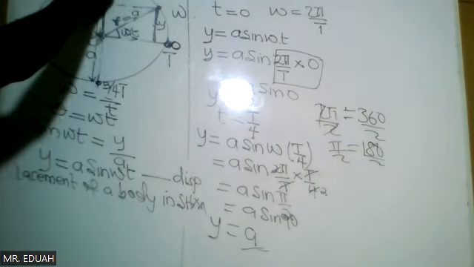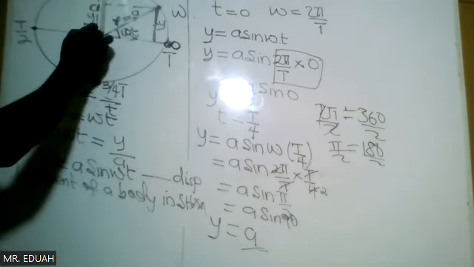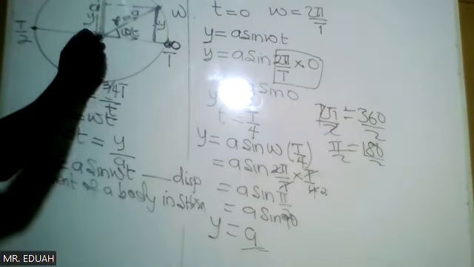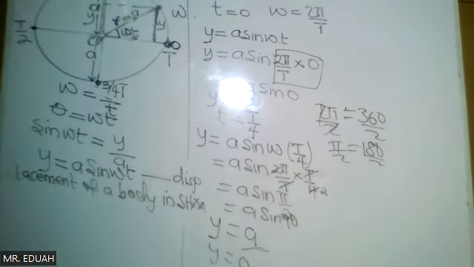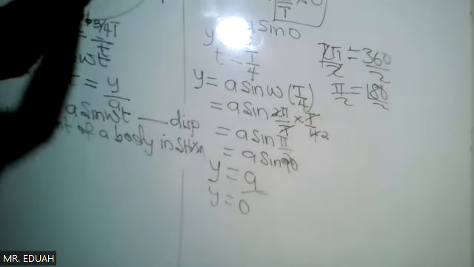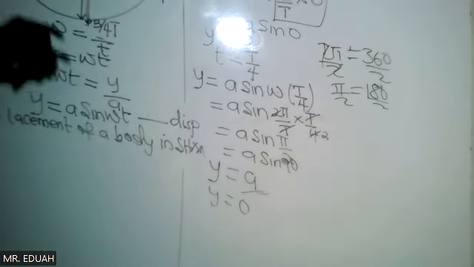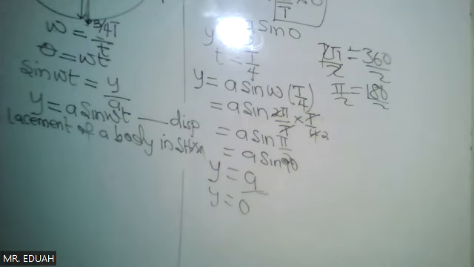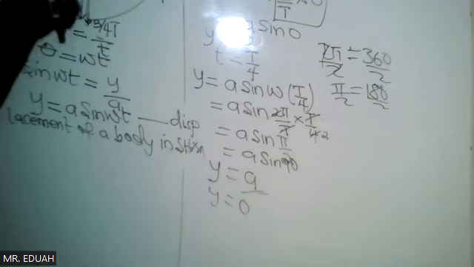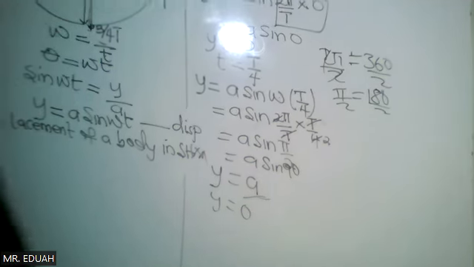When the body moves from this point and then comes back to here, what is the displacement? Over here, displacement will be equal to 0 because it has come back to the origin. So we are not going to calculate that. Then when it moves from here and goes to this other extreme, what is the displacement?